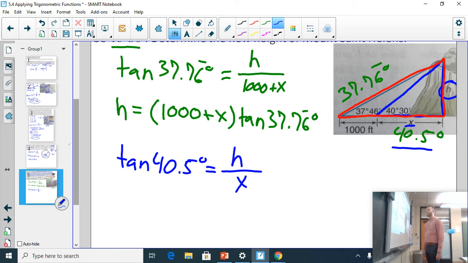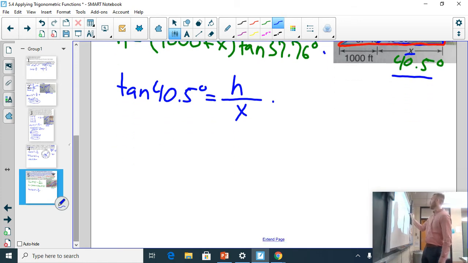And now I have two equations with two unknown variables. What am I going to do? Since I have h solved for right here, I think it might be easier here. There's kind of two ways to go about it, but I think I'm going to solve for x in this one and then plug it into that equation.